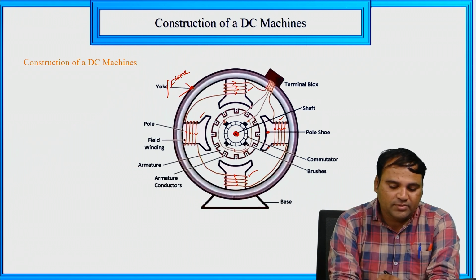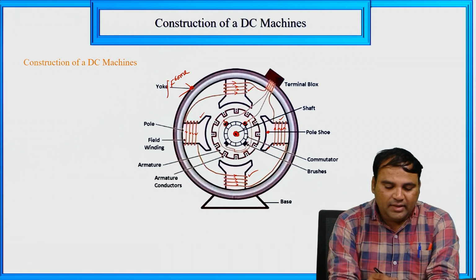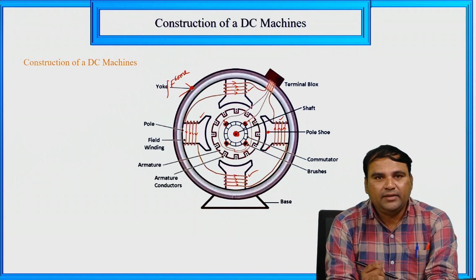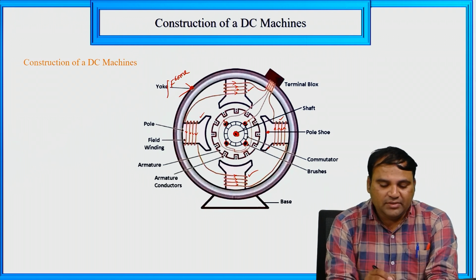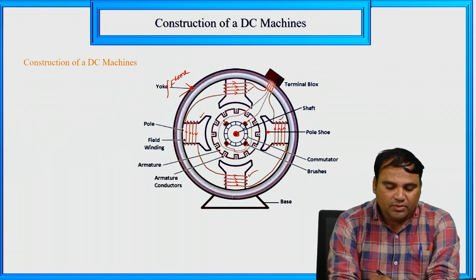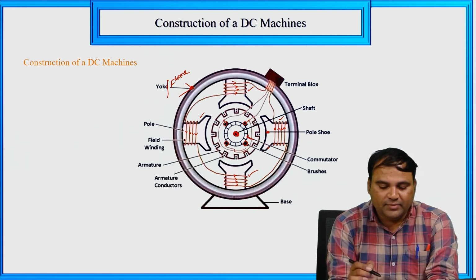This one, this one, this one and this one are the brushes. For these brushes we have the commutator. So this part we can call the commutator.